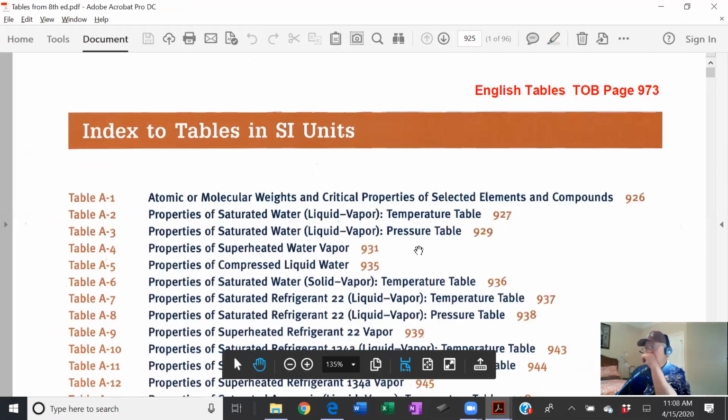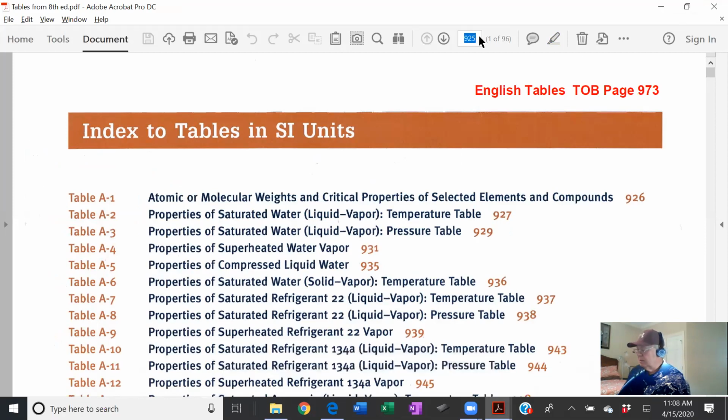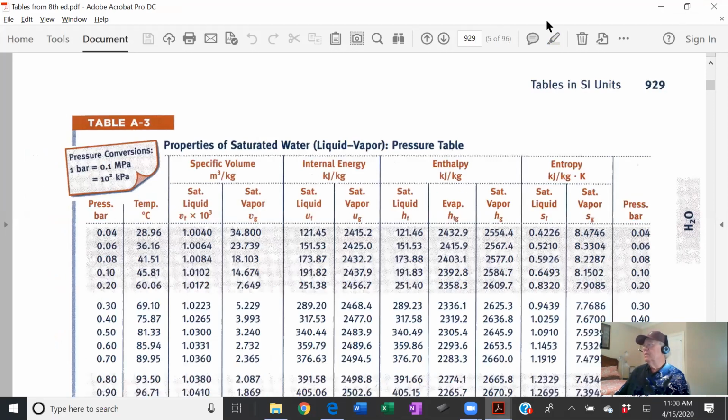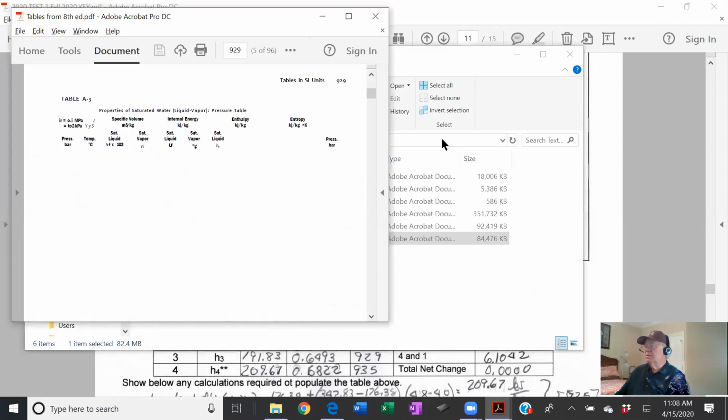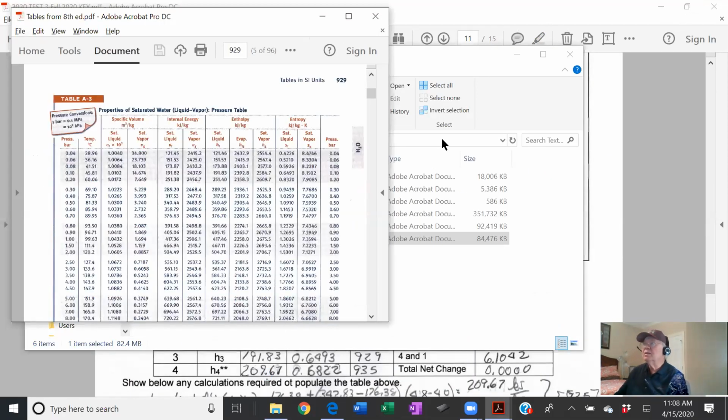Okay, it should be on page 929. You probably can't see that yet. All right, now reduce it down. Let's see if you see in that.